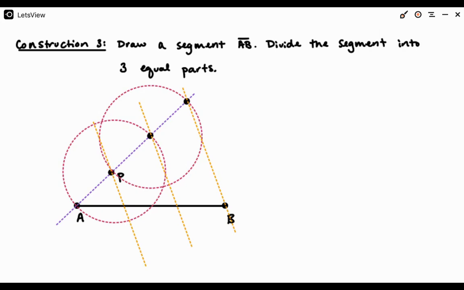Look at this. Now, if I place the point where those new parallel lines intersect our original segment, we've divided our original segment into 3 equal parts. So you would have to go through the process of constructing these parallel lines, but that's the idea of the construction.